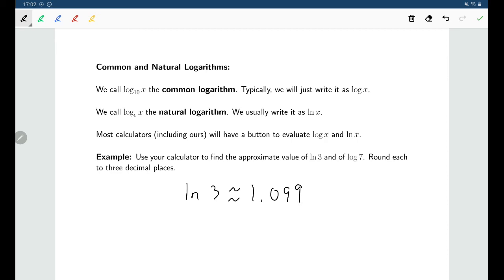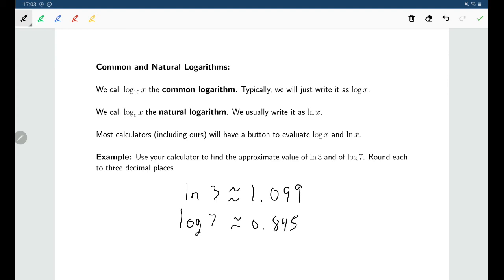Then just to the left of the natural log button, you'll see log, and that's log base 10. So if we wanted log base 10 of 7, we would enter log and then 7 and equals. Log base 10 of 7 is about 0.845.